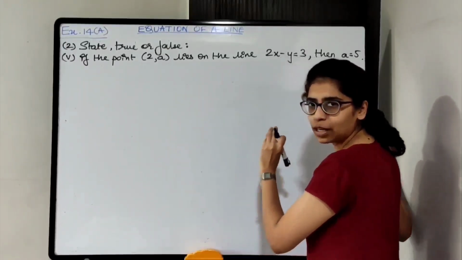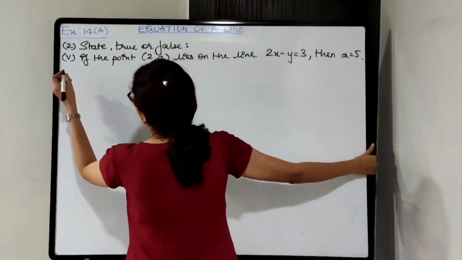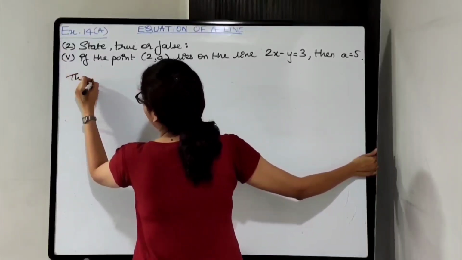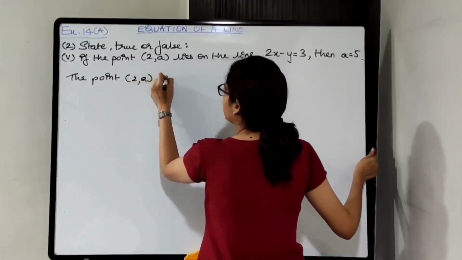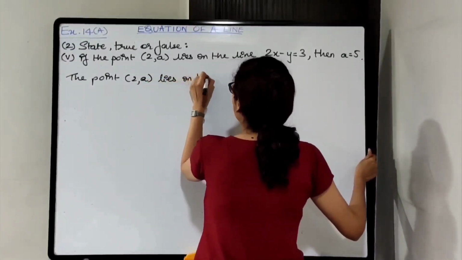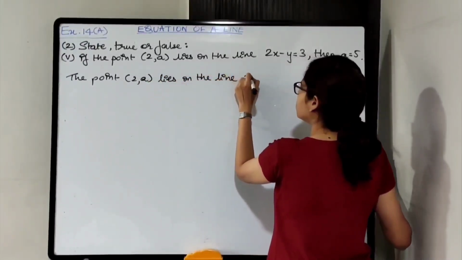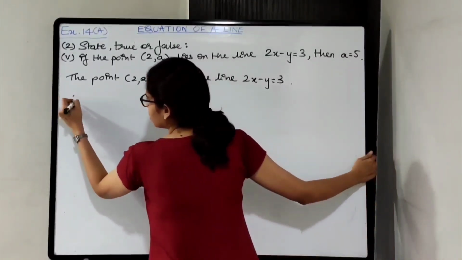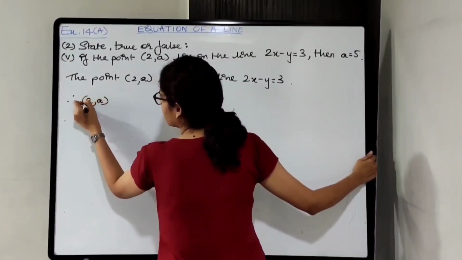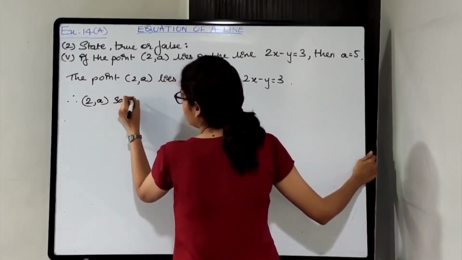Okay, पूरे equation में substitute करना है. So the point 2, A lies on the line 2x minus y equal to 3. Therefore, 2, A satisfies the equation.